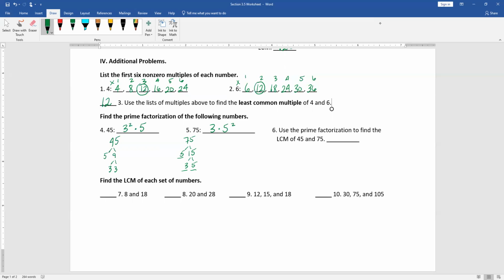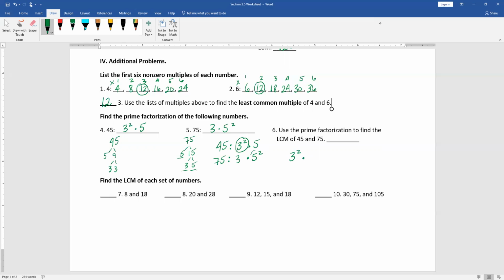Now, especially when they get longer, I like to list these underneath each other. It makes it easier to notice the similarities. So 45 is 3 squared times 5. 75 is 3 times 5 squared. They both have a base number of 3, but 45 has a higher exponent, so we use that one. So 3 squared.